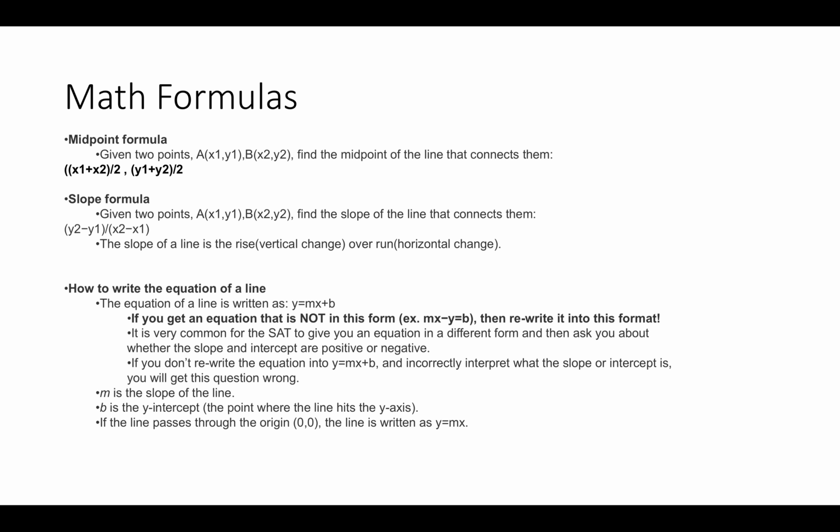How to write the equation of the line. So the equation of the line comes up very often on the SAT. Y equals mx plus b is standard form for y-intercept form. B is your y-intercept, which provides you with a point. So hypothetically, if b was 4, your y-intercept point would be 0, 4. M stands for the slope. So make sure that if it's a whole number slope, that's quite steep and positive, right?